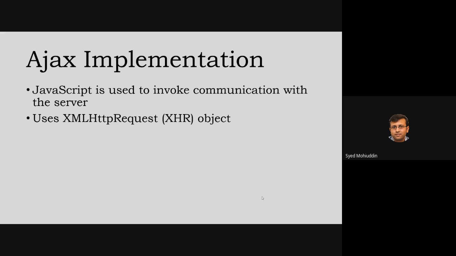When a request is sent or a communication is initiated with the server, the server sends back a response. The response which is sent back will be in XML. So we have to use this XML HTTP request object to handle the communication. As I said, the server program generates a response in XML.